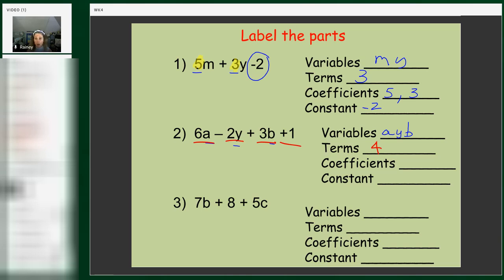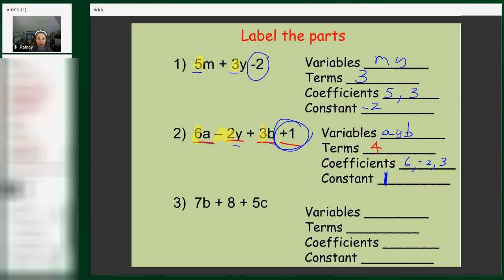There we go. Coefficients. This is the number in front of the letter. So we've got a 6, -2, and a 3. Good. Lastly, the constant is 1. Very good.